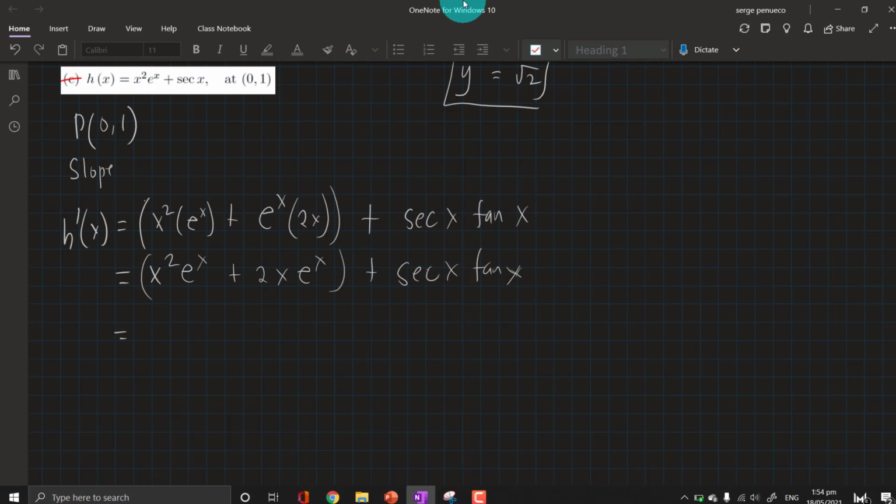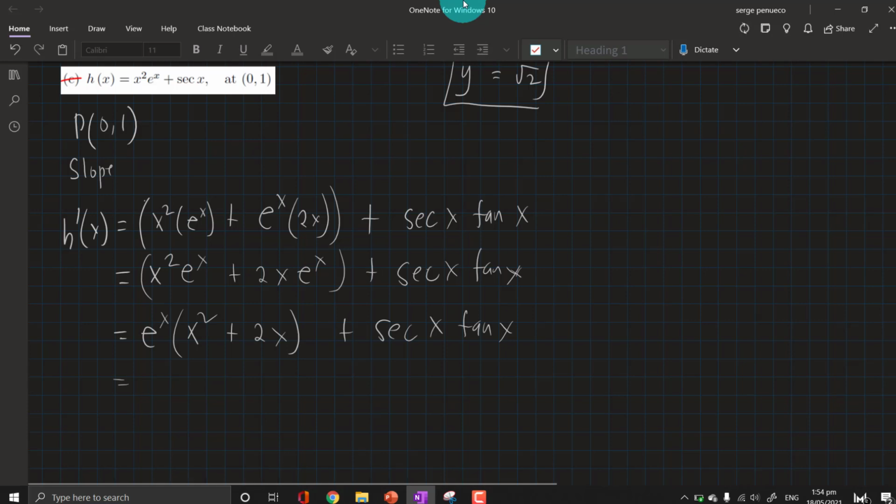So, i-factor natin ito. So, yung e raised to x multiplied by x squared plus 2x, plus secant x tangent x. Then now, ito na yung ating derivative. Okay? So, pwede na natin i-substitute.